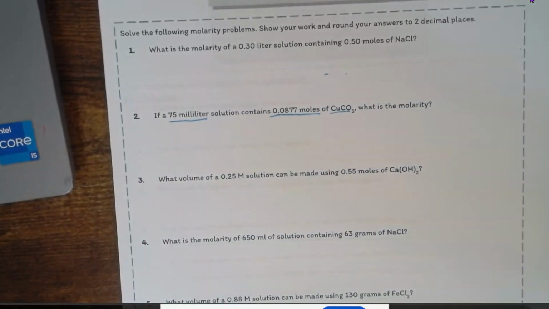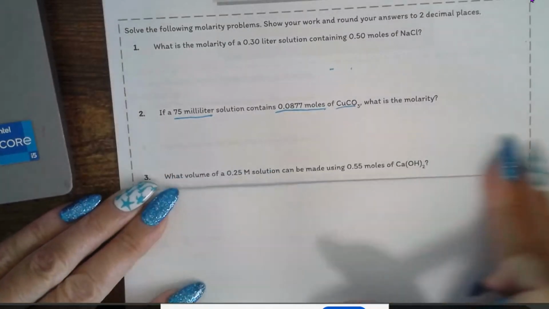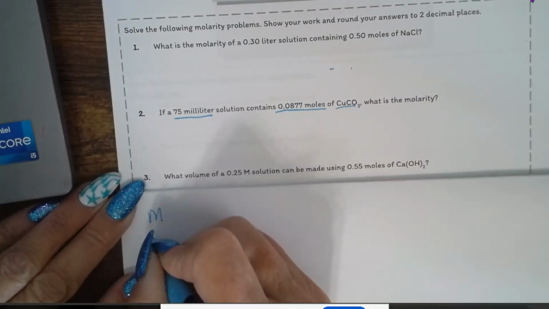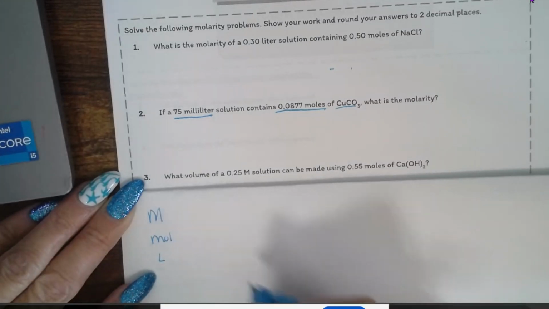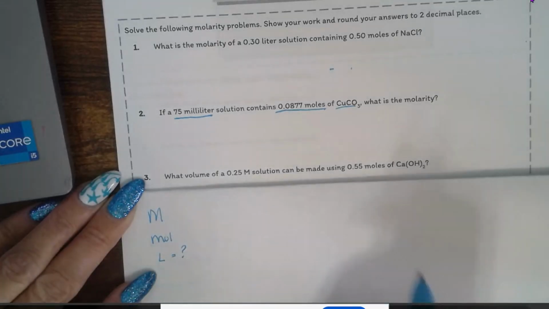So let's check out number 3. I have a feeling they're going to get a little bit tougher here before too long. Just a little bit. So number 3 says, what volume, okay, so let's write everything up here: moles, molarity, moles, liters. So it's asking what volume, so we're going to have to calculate liters.